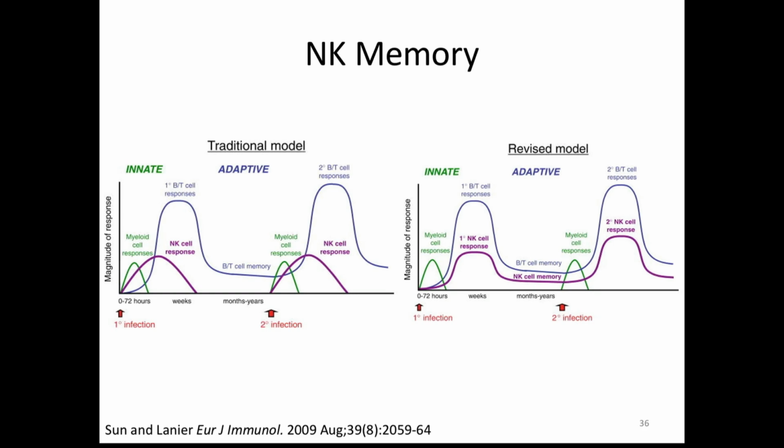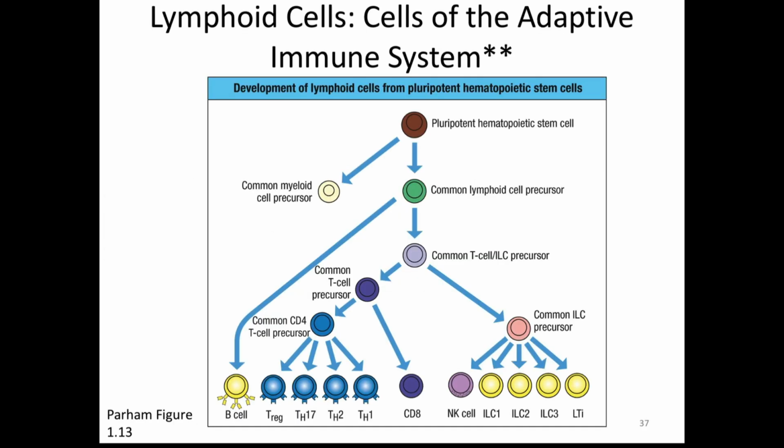So what we have now found is that among the lymphoid cells, there are a whole bunch of cells that sit in between innate and adaptive cells. They're lymphoid cells, but they have a lot of properties of adaptive immune responses.